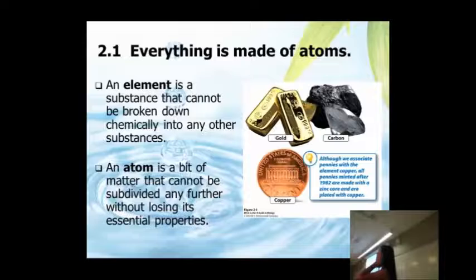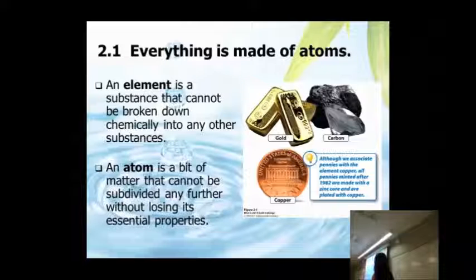So if you look at your periodic table, an element is each one of those different spaces on the periodic table, and we'll look at that coming up in the next slide. So some examples of elements would be things like gold, things like carbon, things like copper. It's funny, you think about copper and you think about pennies, but copper is actually a fundamental part of our bodies. We need it in order to be able to survive.